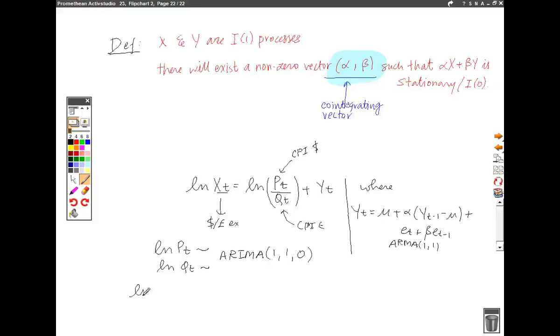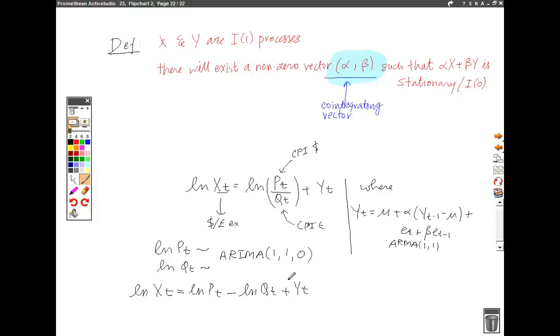So I know that my log of XT, I can write this as log of PT minus log of QT plus YT, right? And if I know that my YT is an ARIMA 1,1 process, which means it is a stationary process, if I'm assuming that my value of alpha here is less than 1 in absolute terms, then I'm assuming that my YT is a stationary process.